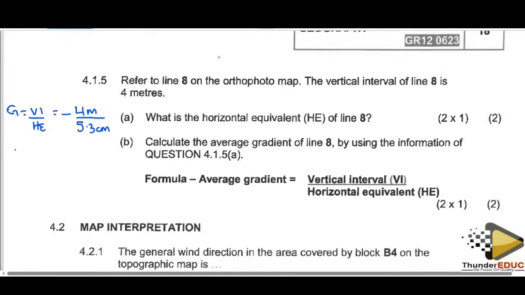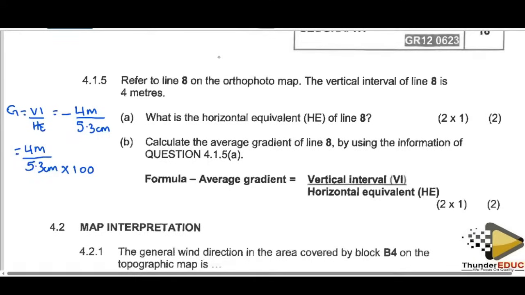So we're going to say 4 meters over 5.3 centimeters. So we need to convert the distance to meters. That's why we use the scale of 100, since we are using the orthophoto map. Now, use your calculator and do it for me quickly: 5.3 times 100.